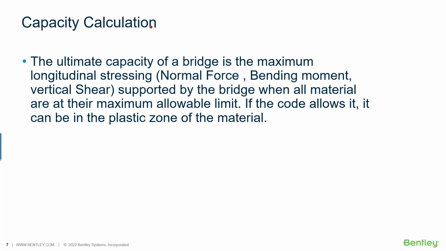So you understand that we try to force each section to go to its limit by increasing the normal force or increasing the bending moment, or if we work with shear, increasing the vertical shear until we find the limit, which is the limit stress that we can admit.